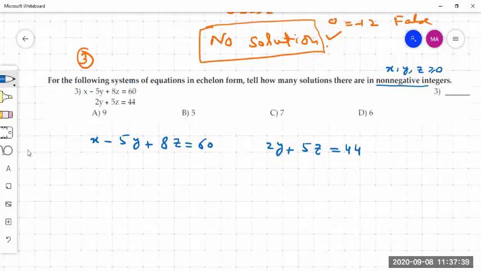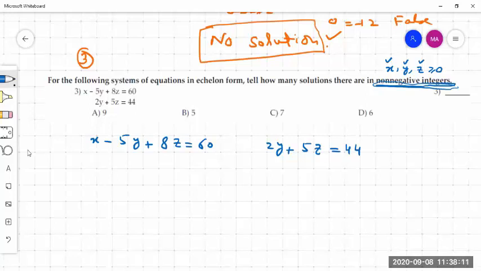But we have restricted ourselves to only non-negative integers here, so the solutions could be a finite number, could be 1, 2, or 3. We just keep that x, y, and z, all of them, are non-negative integers, right? That means their values could be 0, 1, 2, 3, 4, 5, and so on.